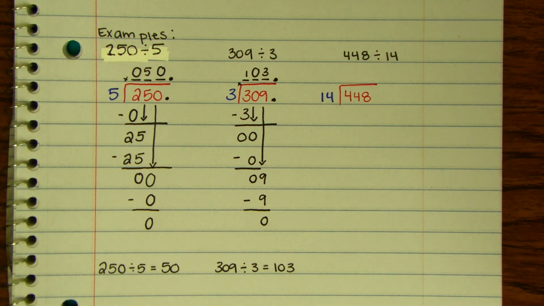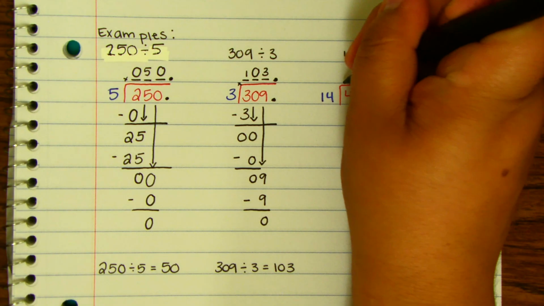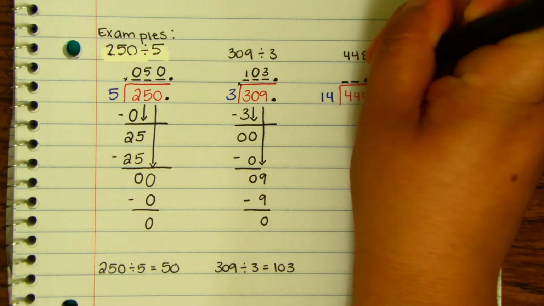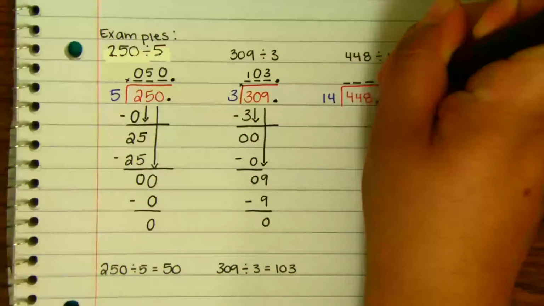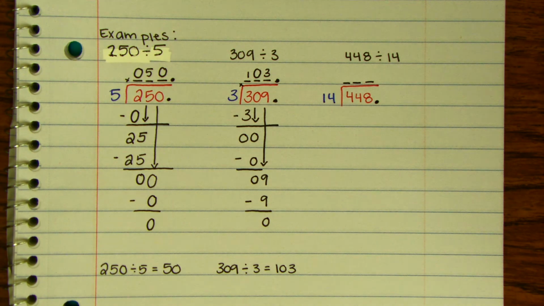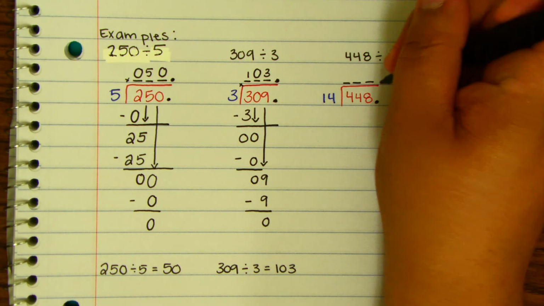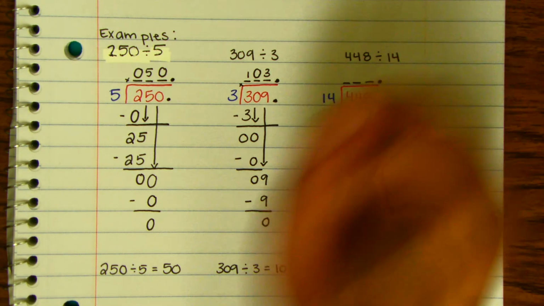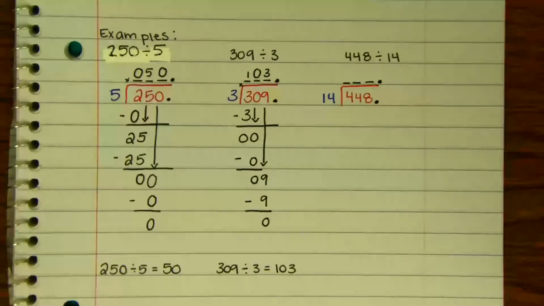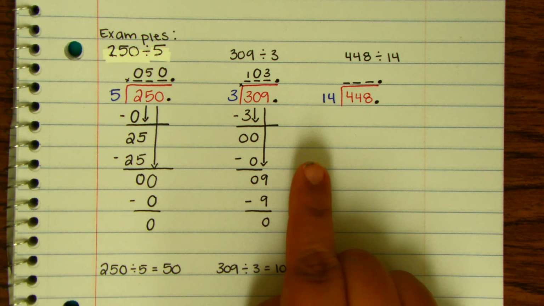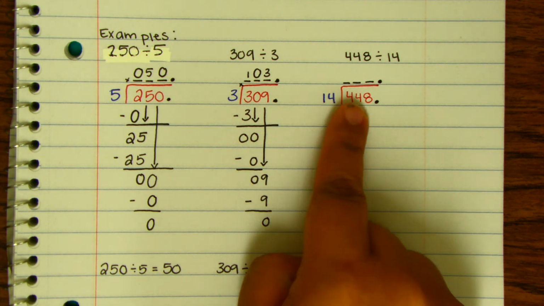And before I start dividing, I'm going to draw 3 lines above my dividend, just so I know that there should be 3 place values. And I am going to put a decimal on top as well, just in case we have to do a decimal. So 14, I want to see if 14 can go into the 4.